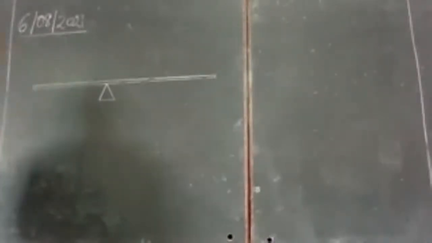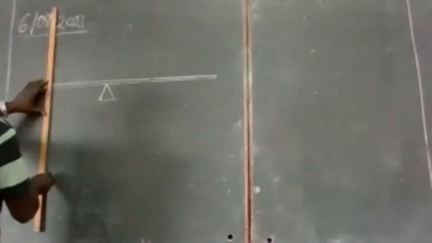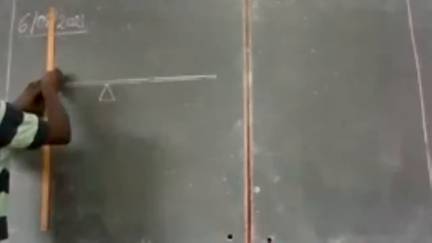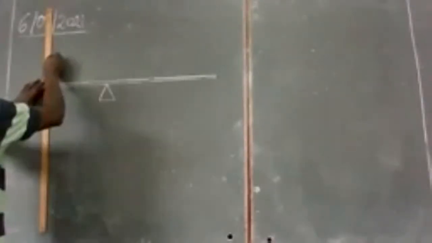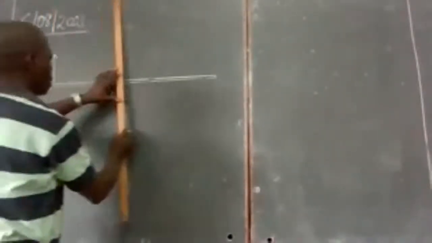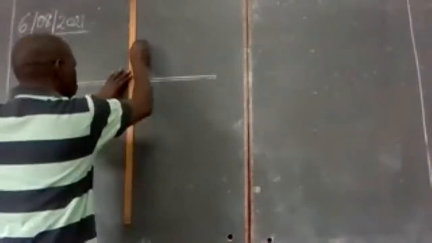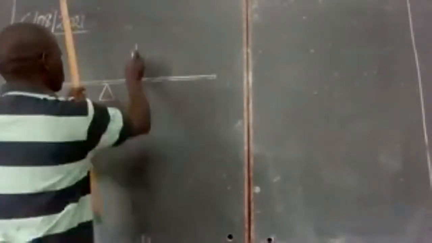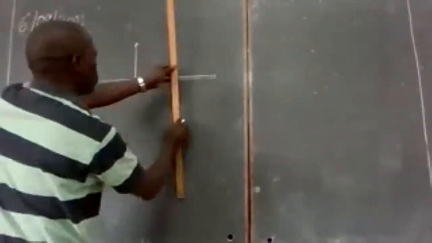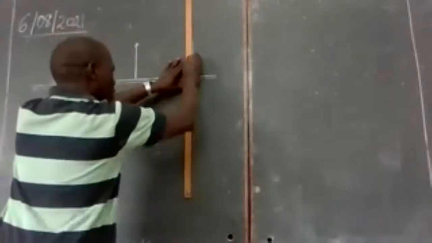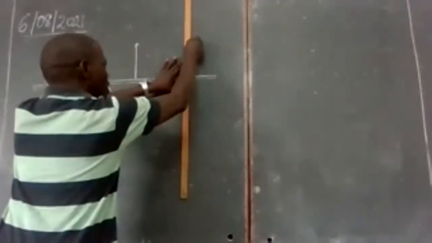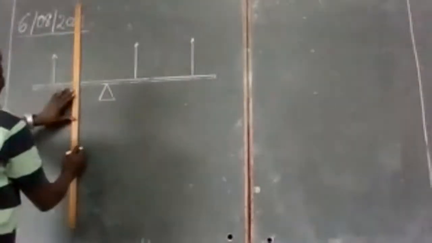That's our turning point. So we are saying we have a system of forces. So we draw those arrows. I'm not being accurate, I told you I'm not showing you notes. It's better that you understand.